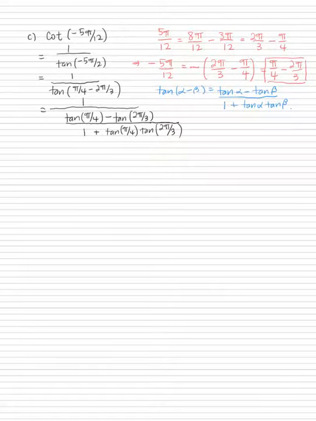Okay, so now let's just keep on going here. So we have 1 all over. Now tangent of pi over 4 is 1, so we're going to have 1 minus. Now let's go with the tangent of 2 pi over 3. So let me just jot down which quadrant 2 pi over 3 is going to lie in. Alright, now 2 pi over 3 lies in quadrant 2.